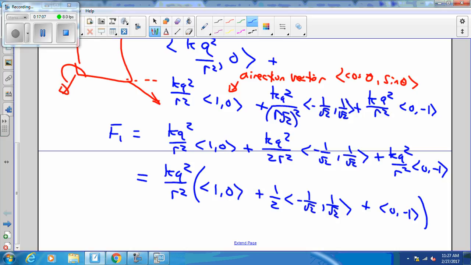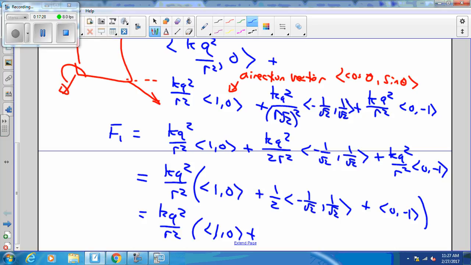And now we can actually go through and add. That's going to be 1, 0 plus 1/2 of negative 1 over root 2. You can work that out on your calculator.